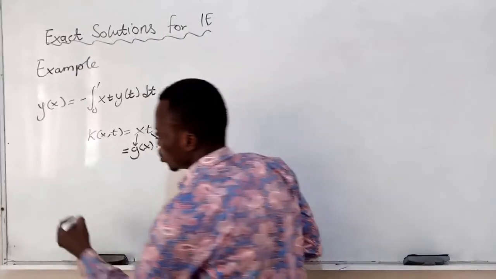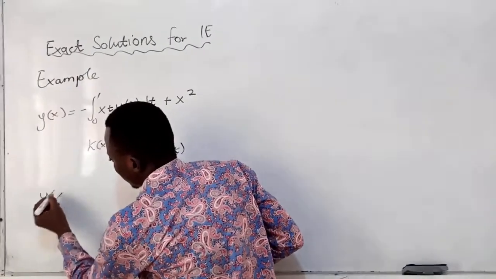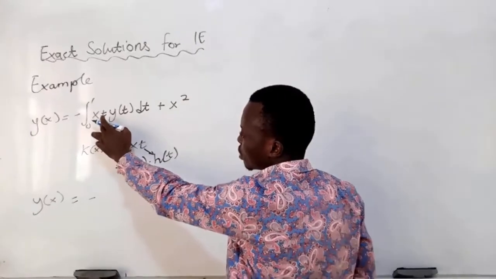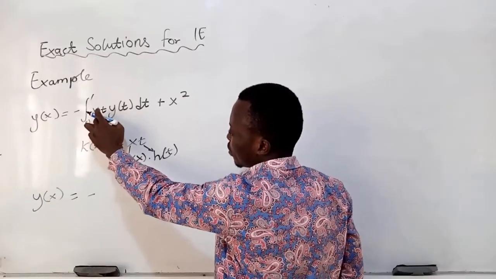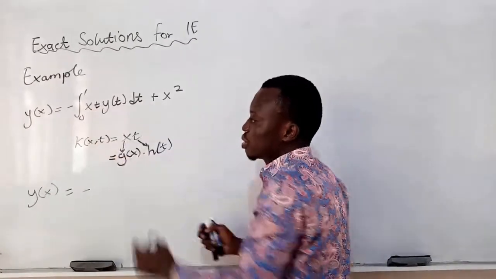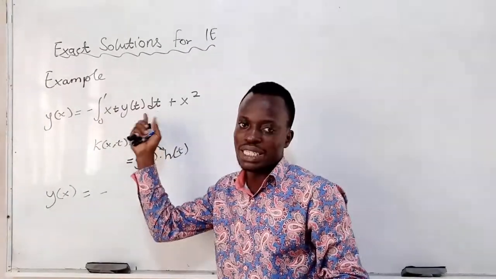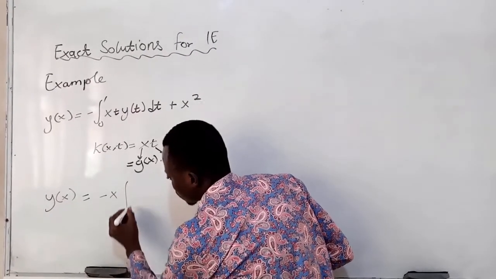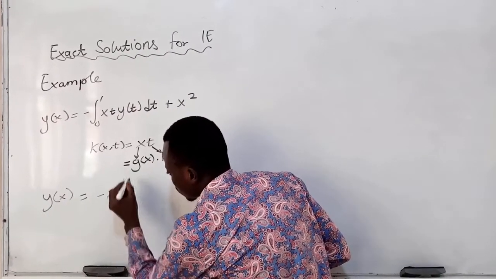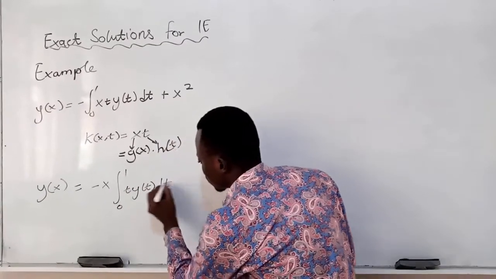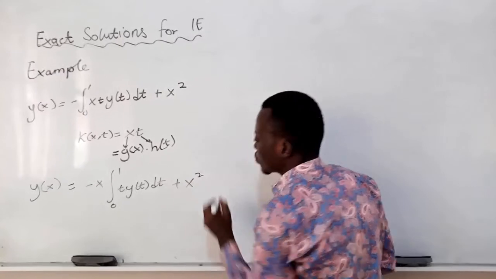Now let's continue. I'm going to have y of s equal to minus. You can easily bring out the function that consists of only s, because the integral does not depend on s, but depends on only t. Plus s squared.